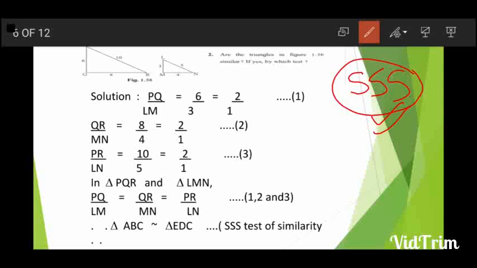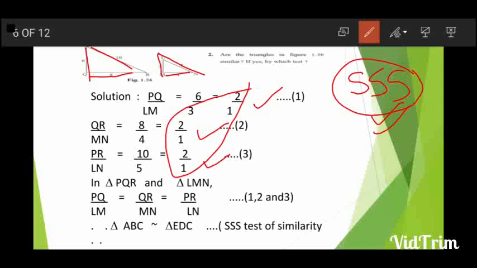They have given three sides, so let me find whether the sides are proportional. First I have taken PQ upon LM, that is 6 upon 3. The ratio is 2 upon 1. Then QR upon MN, that is 8 upon 4, is 2 upon 1. Then the third one, PR upon LN, that is 10 upon 5, is 2 upon 1. Now from these three, I have got that all three ratios are equal.